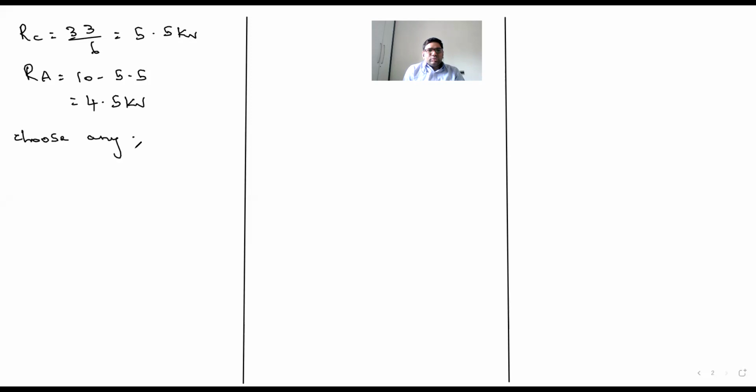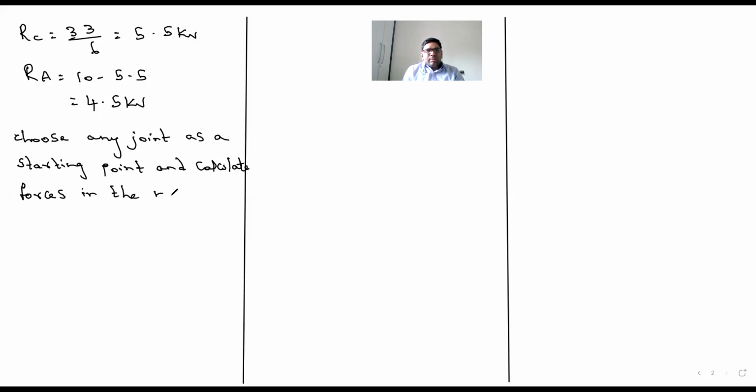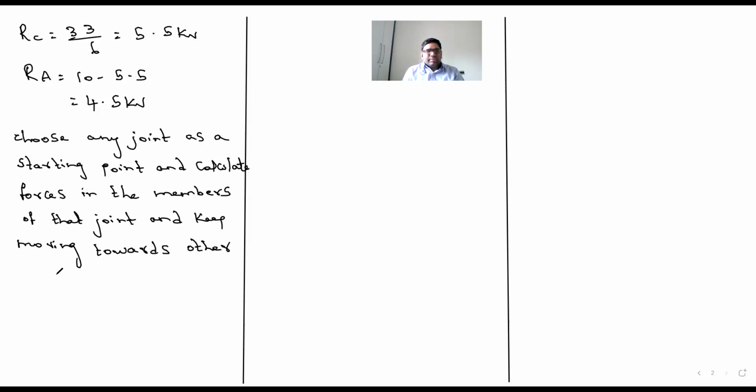Choose any joint as a starting point and calculate forces in the members of that joint, and keep moving towards other joints. This is a note point for all of you.